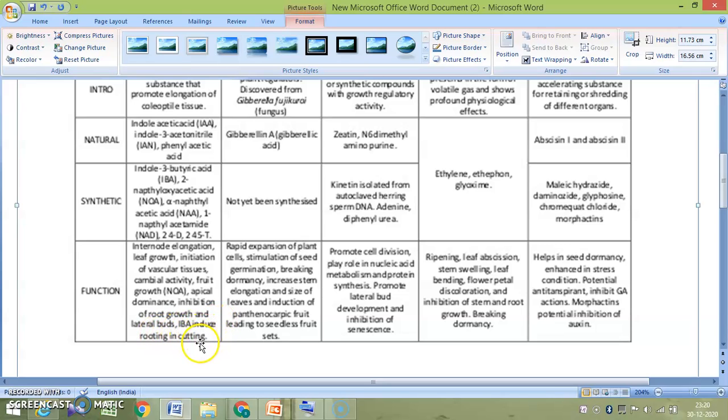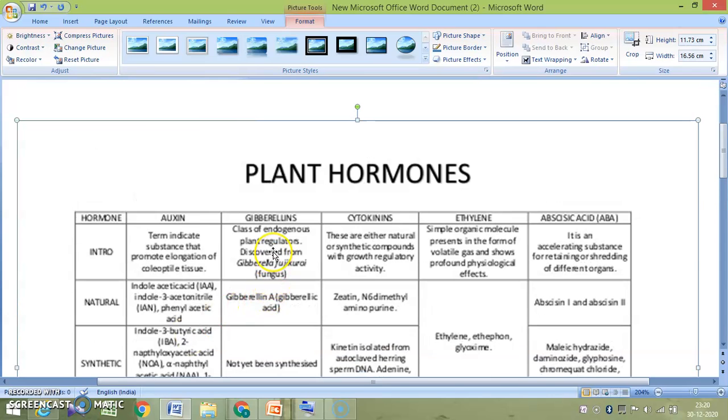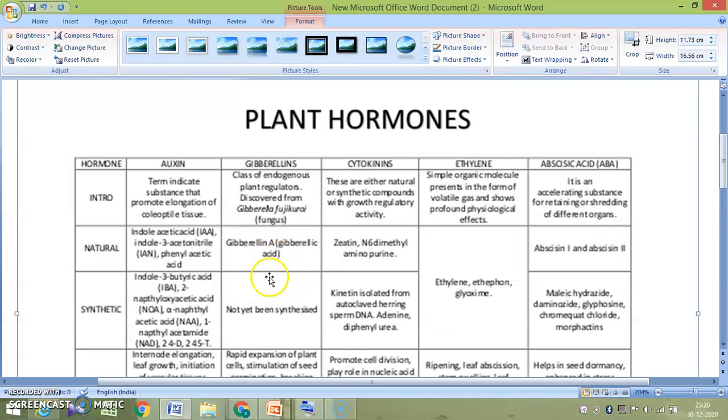IBA induces rooting in cuttings. So auxin is a growth hormone.